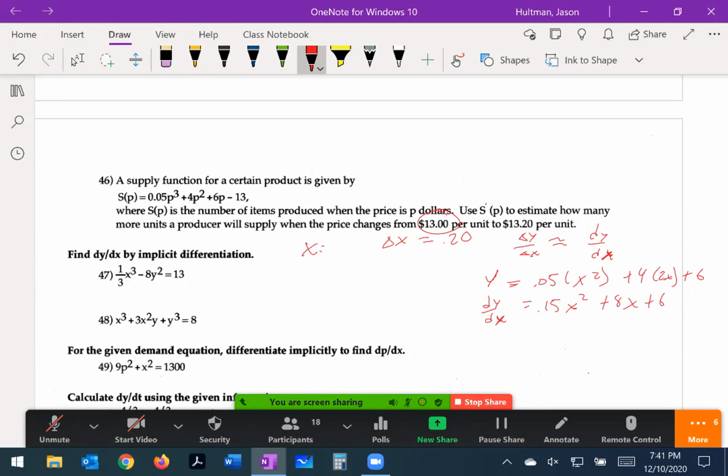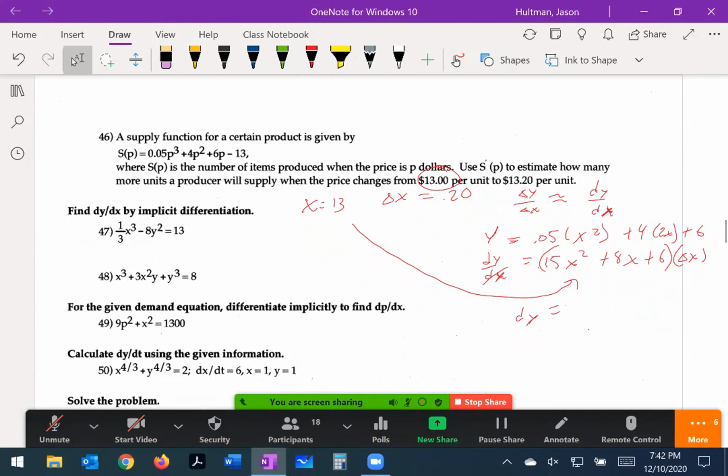So x equals 13. I can plug in 13 here and multiply by my delta x, which is 20 cents, and I can get approximately what's called my differential, say this is dx, right? So this is going to be 0.15 times 13 squared plus 8 times 13 plus 6 times 0.02.